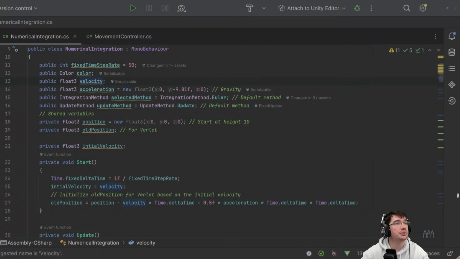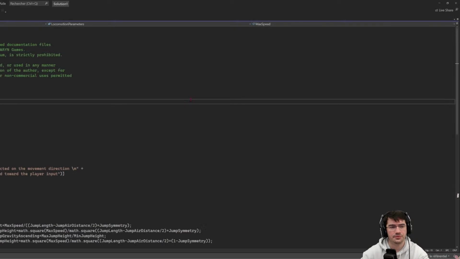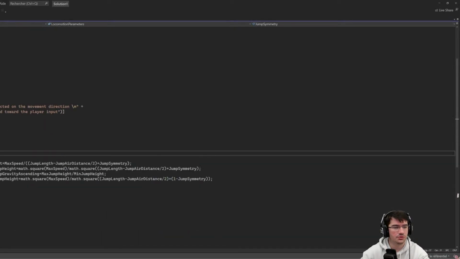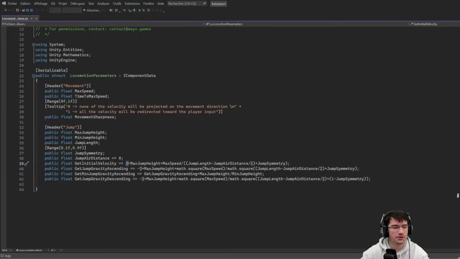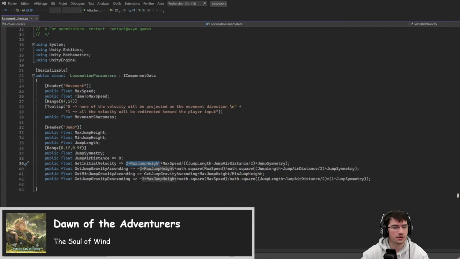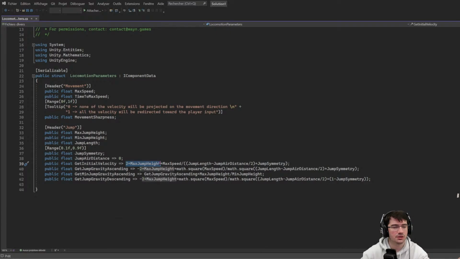Locomotion parameters. So the initial velocity was twice the jump height. There is no gravity in there.